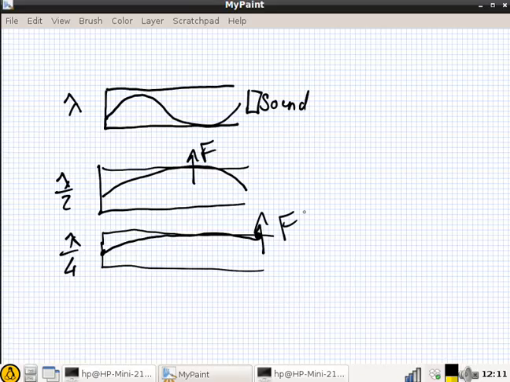So the result we have here is, for maximum vibration, we should use 1/4 the wavelength.